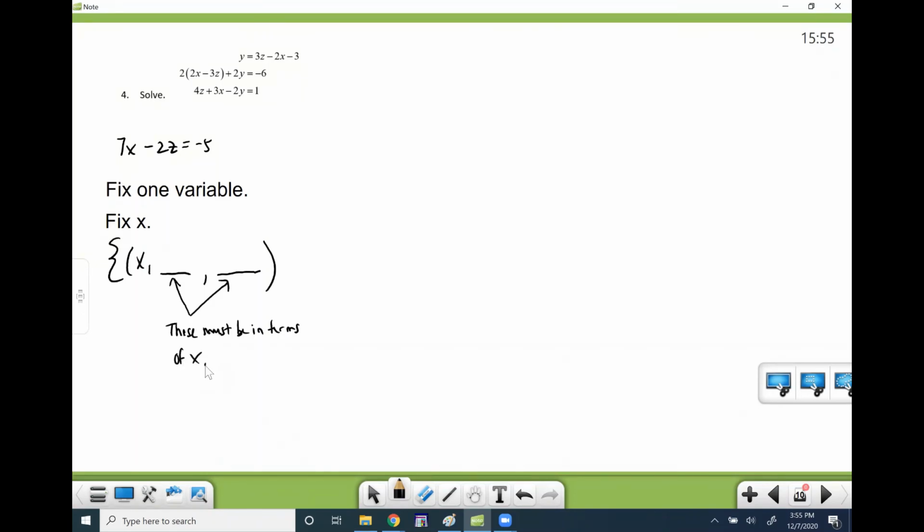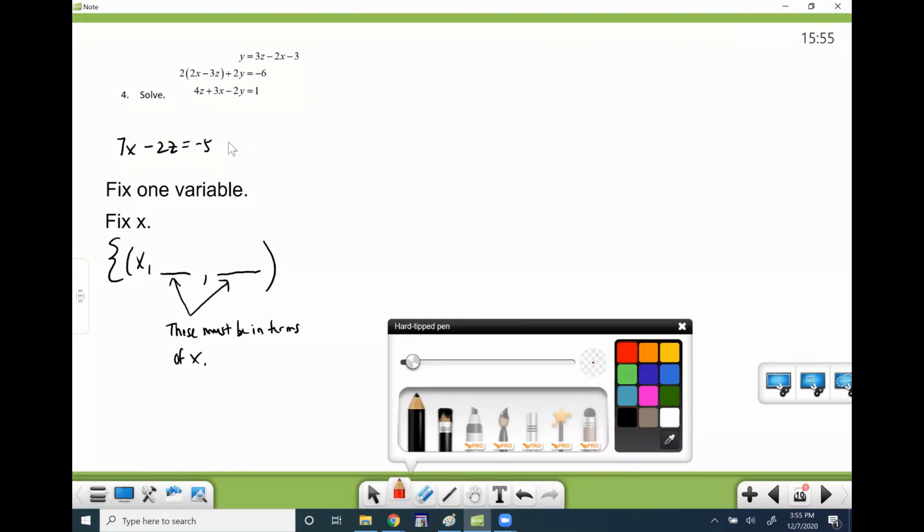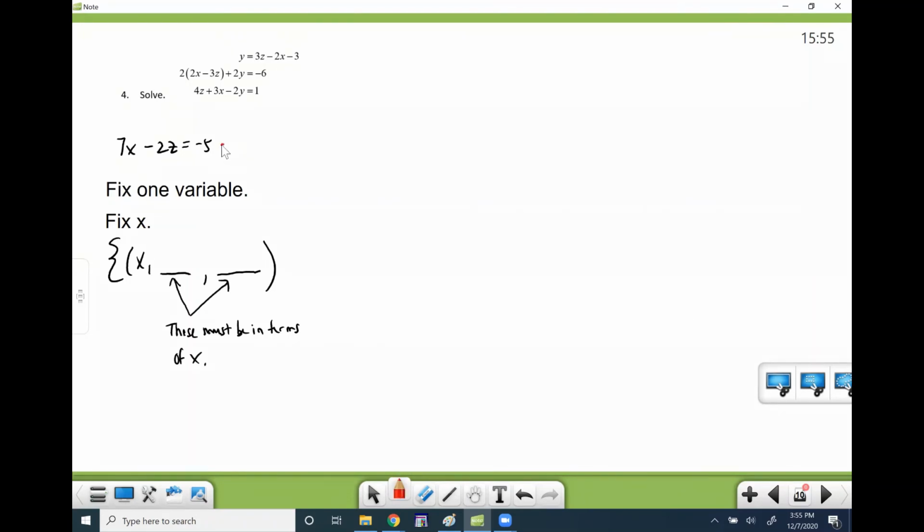Okay, all right. So I'm going to go to this equation right here to start with, because I can see from this equation that I can get the z by itself, okay? Get z in terms of x. So I'm going to solve for the z.